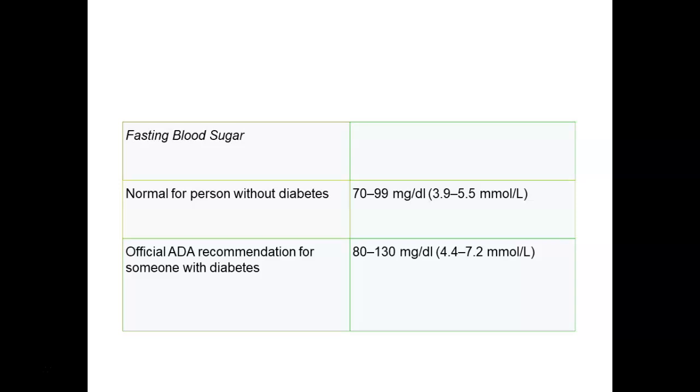But some people begin to panic when they have something like 127 and they are diabetic, when they are already improving on the program. That's because we really don't understand this, and that's okay. That's why I'm explaining this now. So anything between 80 to 130 milligram per dl is even the official recommendation. And when it goes as high as 150, it is still regarded as okay, you are getting it, then you'll be advised to do this and that.